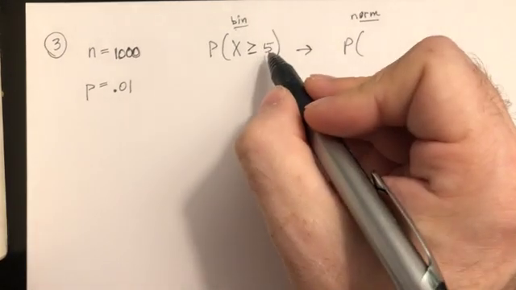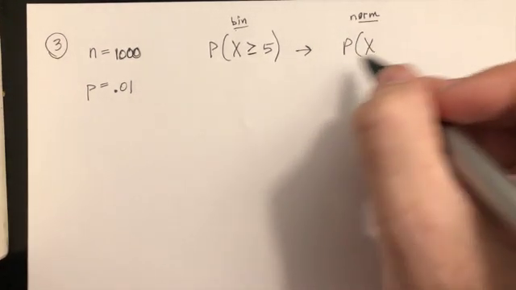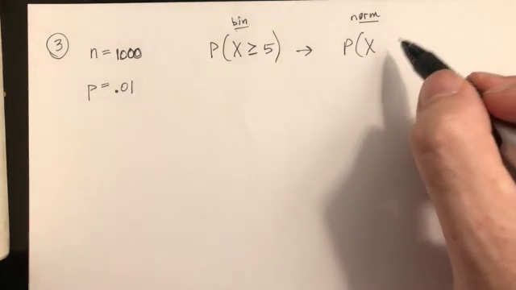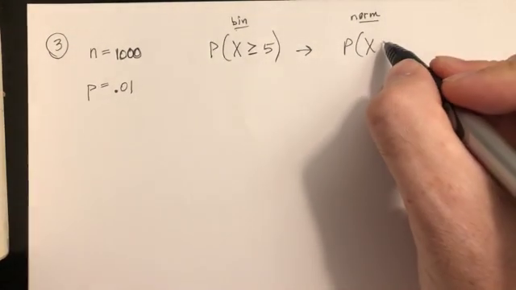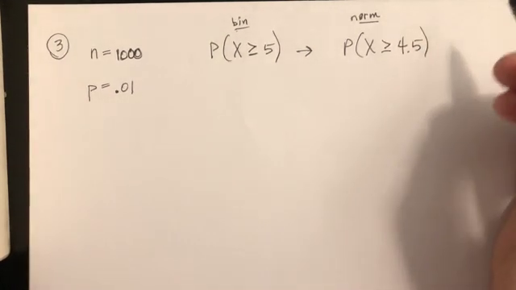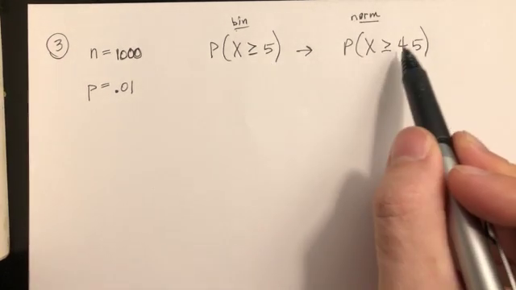If I were to add 0.5, I would be saying x is greater than 5.5, and I wouldn't be including the 5. I'd start at 5.5, and the first whole number I include is 6. That's no good. So I have to subtract 0.5 from this number, and that would make x greater than or equal to 4.5, like this. Okay? So now I'm including 5 in this estimation.